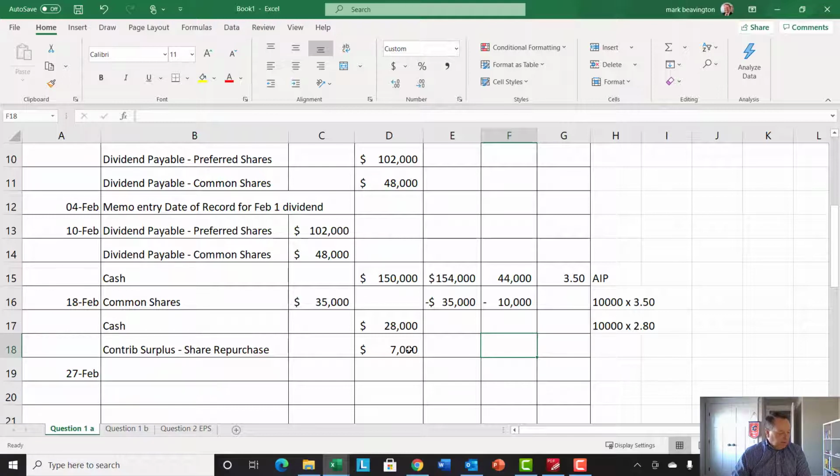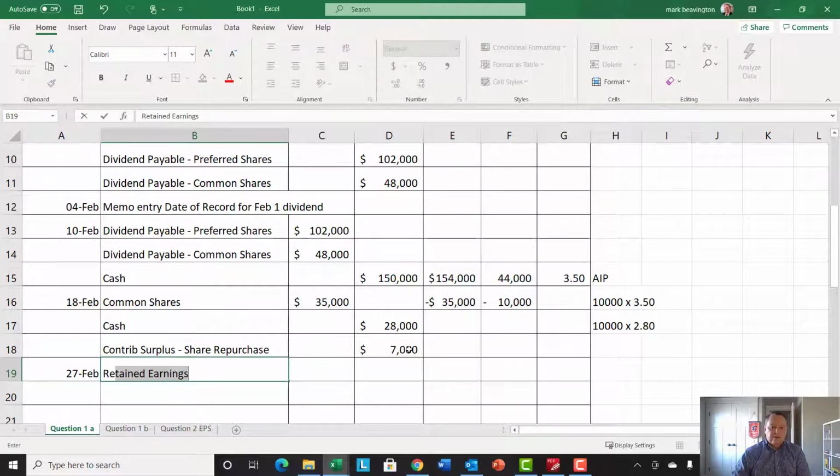When we have our 15% stock dividend, it's a dividend, so retained earnings is what we charge. The amount of the dividend is going to be the 34,000 shares that we have times 15% times the market price, which in this case is $4.50 a share.